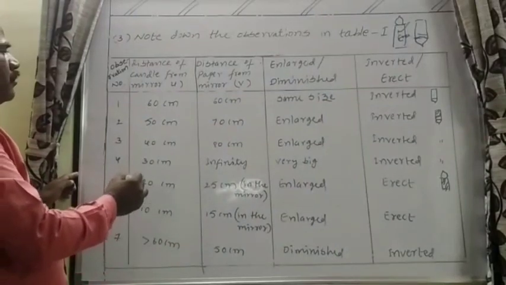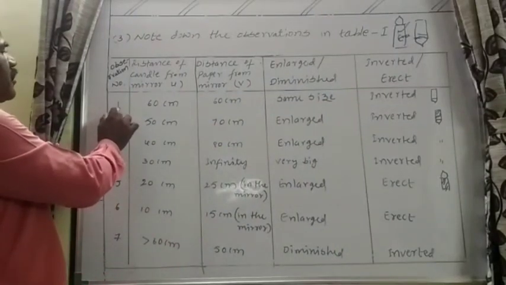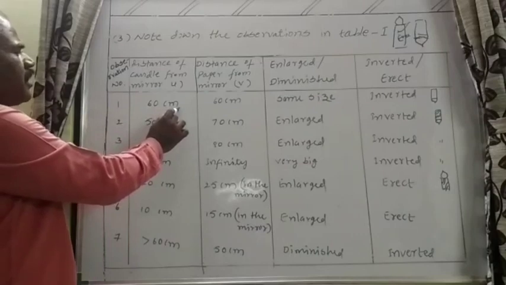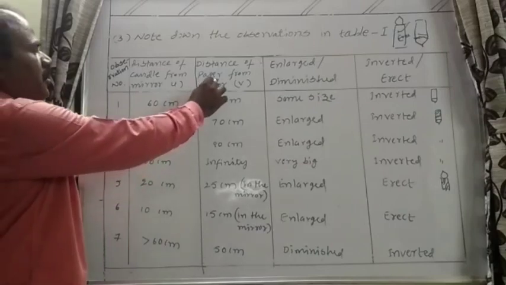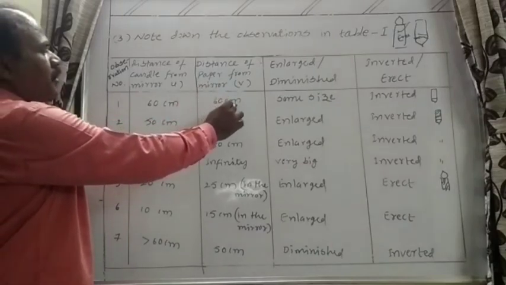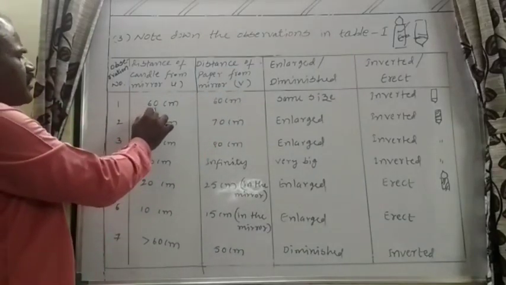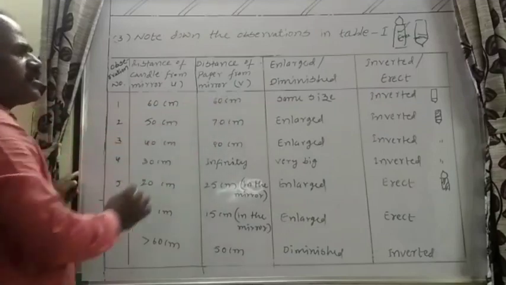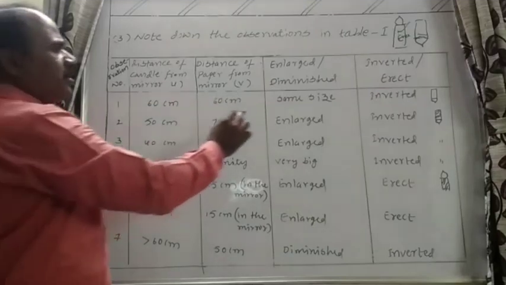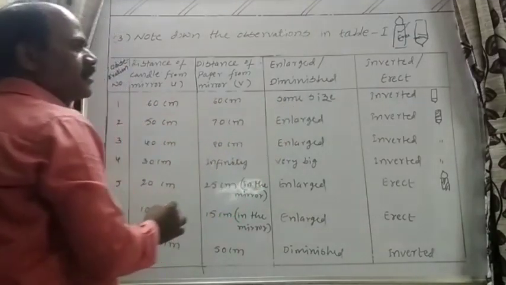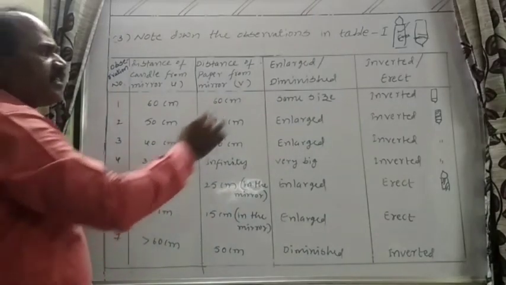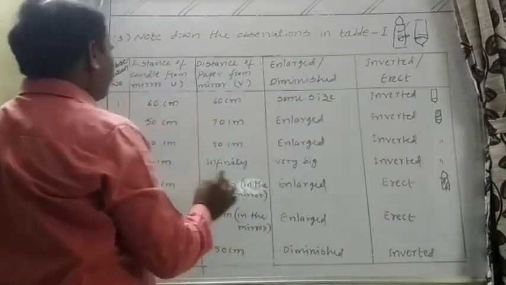First one, the object placed 60 centimeter from the mirror. The image formed 60 centimeter from the mirror. So the object distance is equal to the image distance. The size of the image is the same size. The nature is inverted.